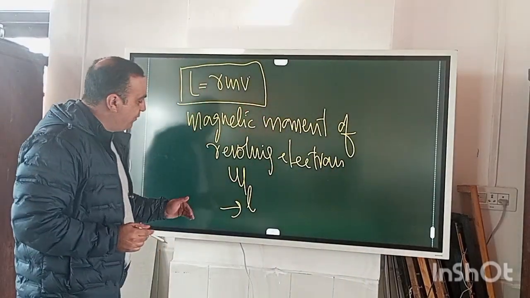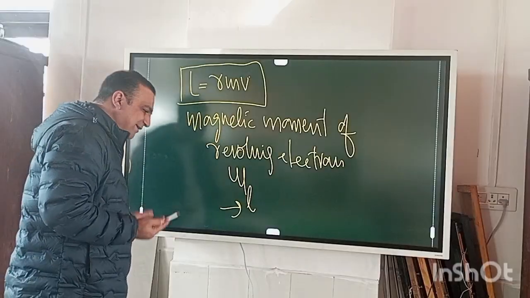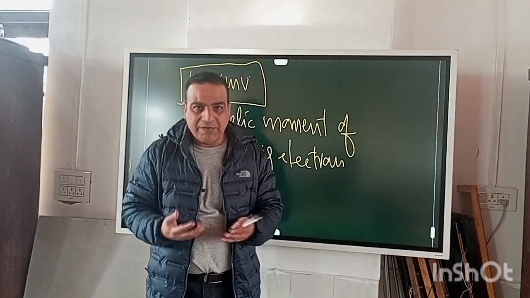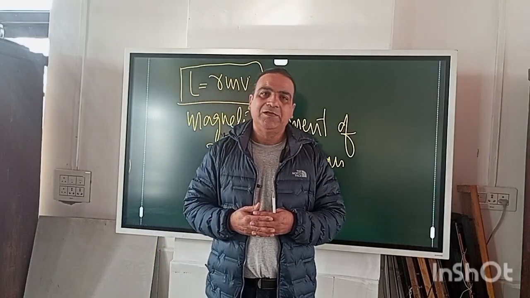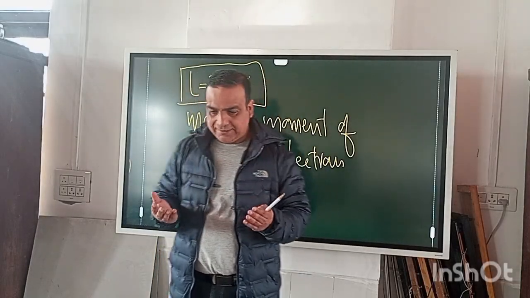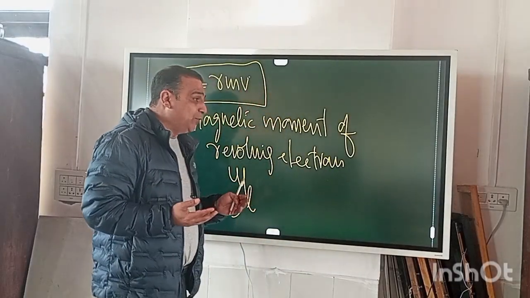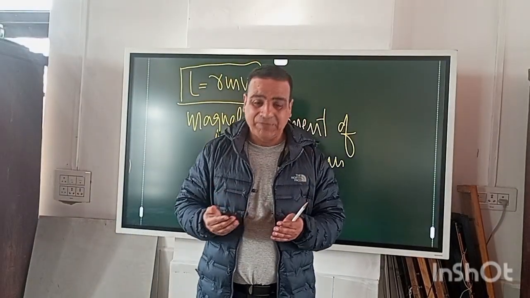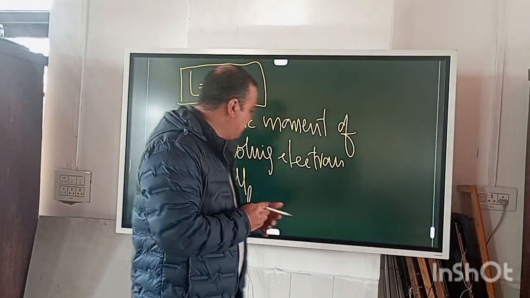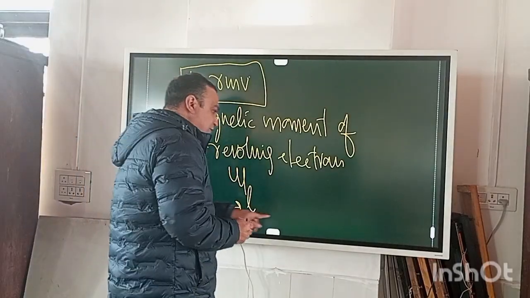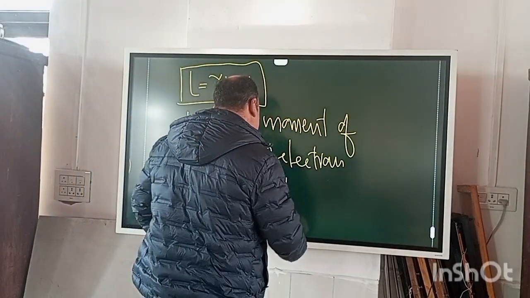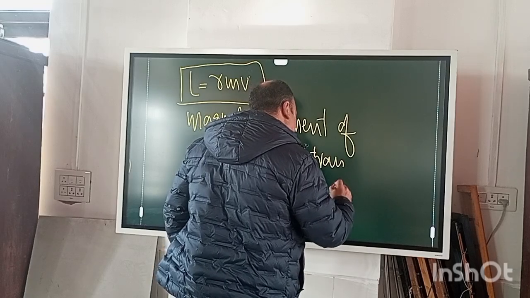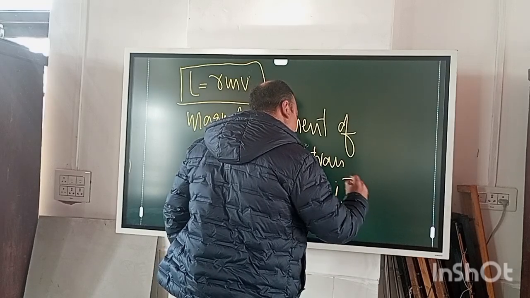By definition, if we have to measure the magnetic moment of a magnetic dipole, we define it as the product of current and the area. If I write this magnetic moment in vector form, it must be current times area.